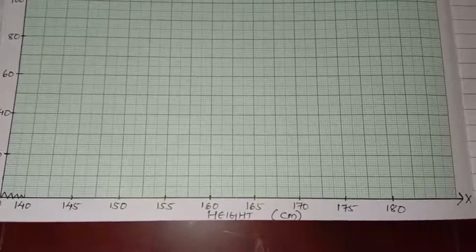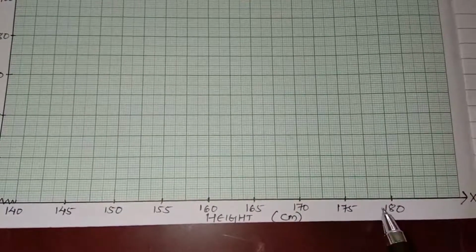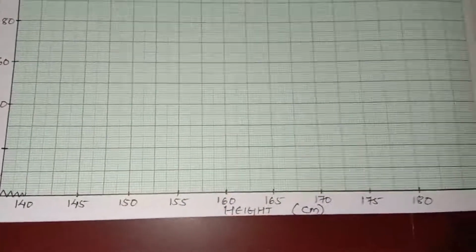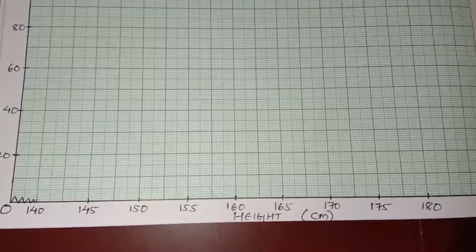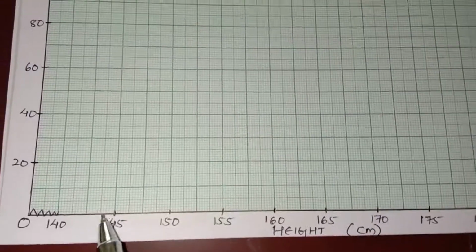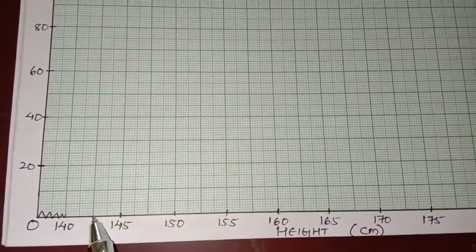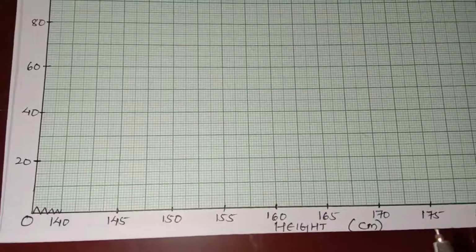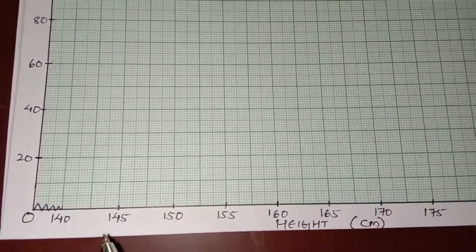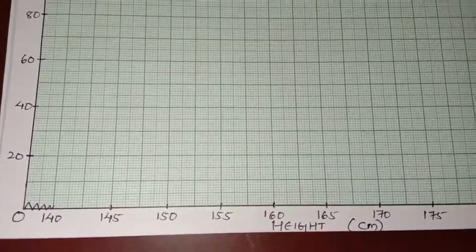I have told you that height we represent on the x-axis and the number of students on the y-axis. According to the question, we have to take 2 centimeter. If you measure with the scale, this is exactly 2 centimeter. So 2 centimeter equals 5 centimeter height, which means you have to take a gap of 5.